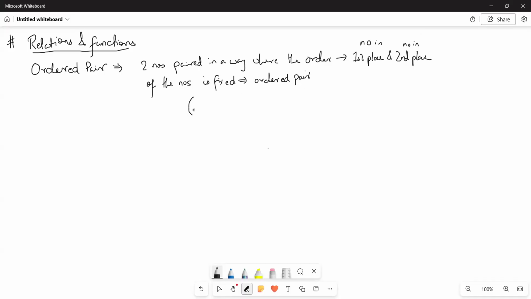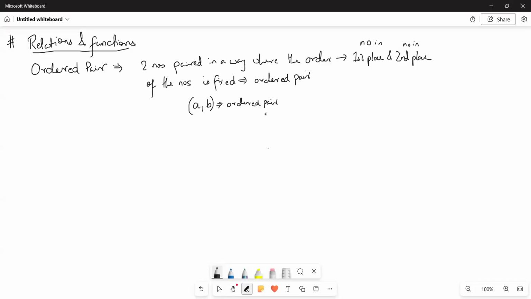Typically, an ordered pair is represented in this way: (A, B) with brackets. This is what we refer to as an ordered pair. So for an ordered pair like this, A is the number in the first place, B is the number in the second place. And it will always be such.